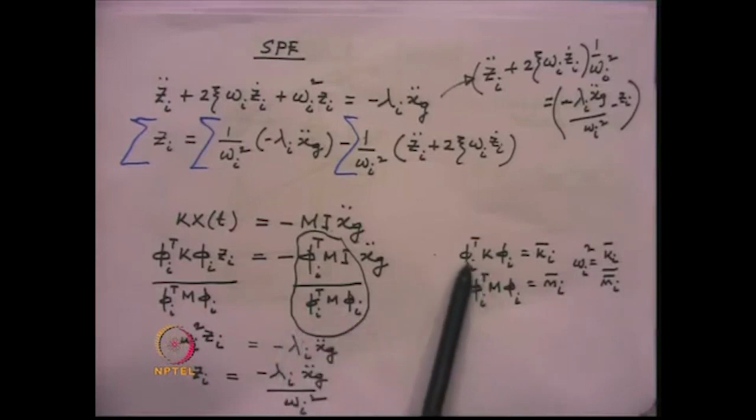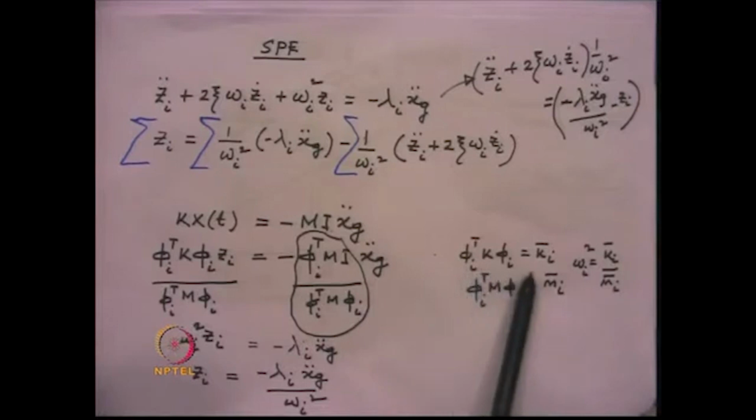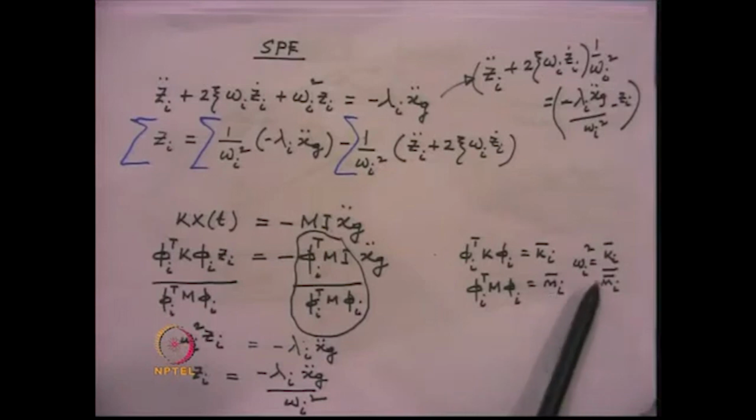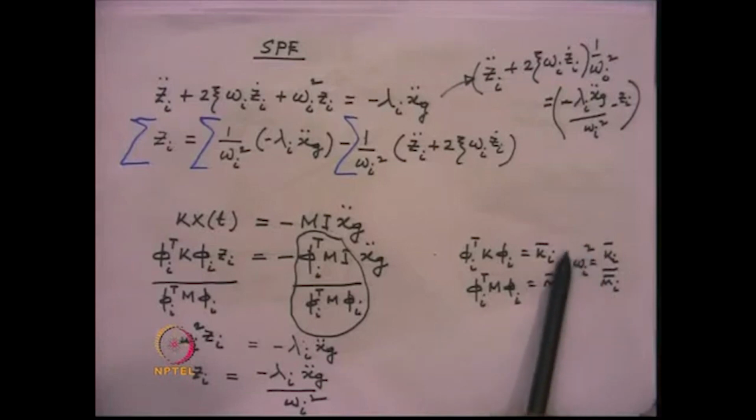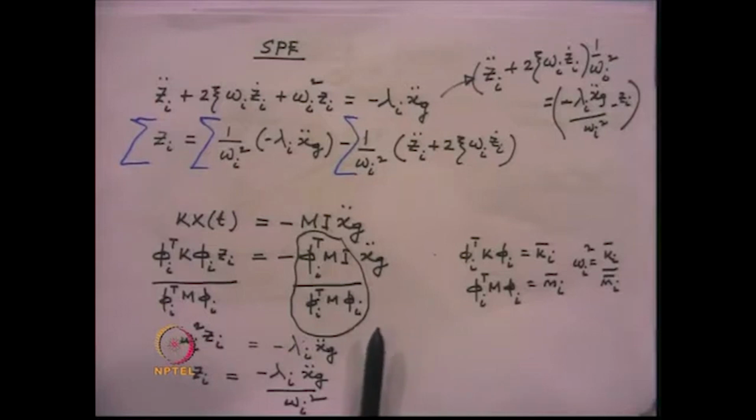Now, we know from the modal analysis that phi I transpose k phi I is equal to k bar I, which will be a single quantity, and phi I transpose m phi I is the generalized mass m bar I at the ith mode. If we divide k bar I by m bar I, then we get the natural frequency square for that particular mode.